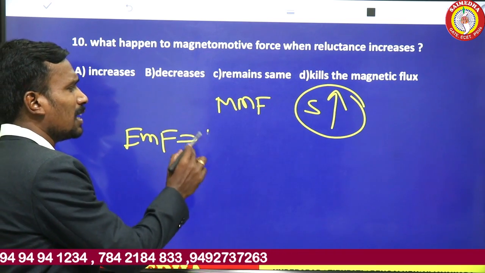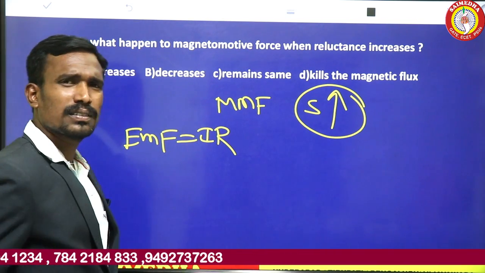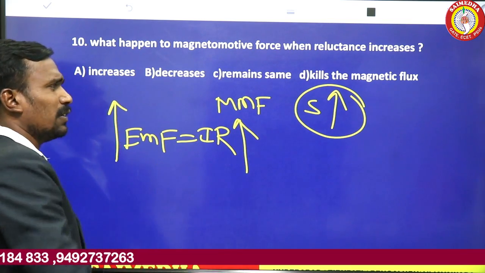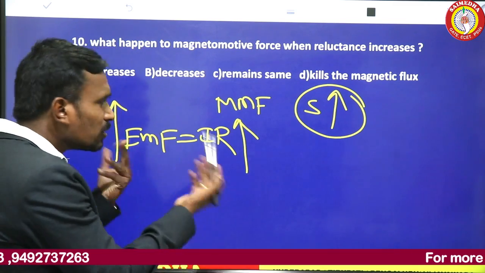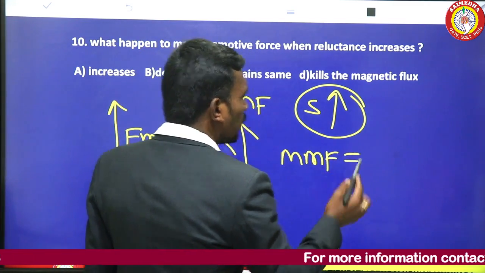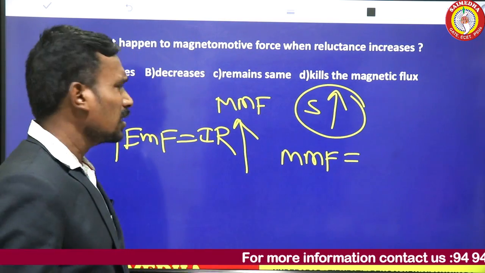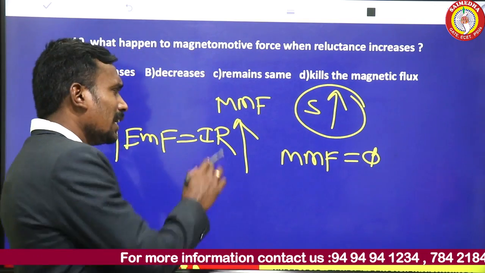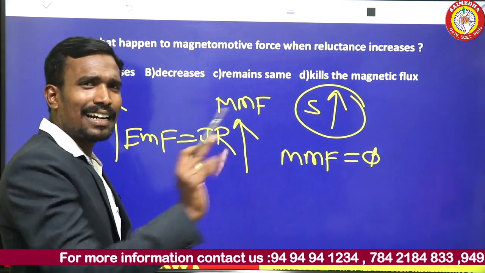EMF is equal to I into R. If resistance R increases, then EMF also increases. Similarly, electromotive force and here magnetomotive force. Here current will flow, here flux will flow. Here resistance opposes the current.